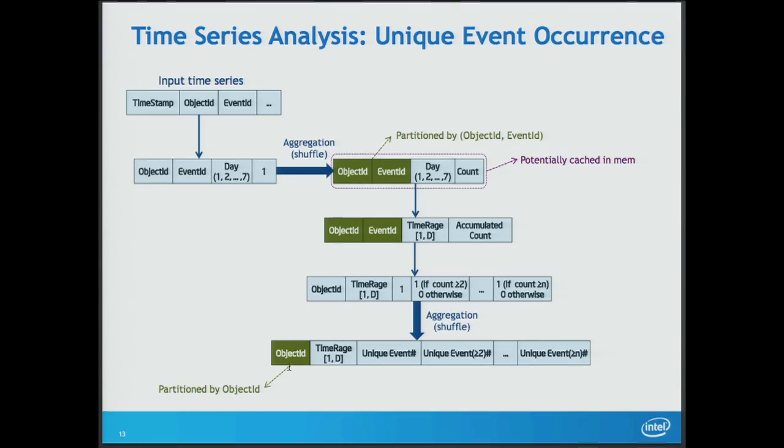So the result is essentially, for each object in that specific time range, how many unique events happen at least once, happen at least twice, and so on. The whole flow runs in a couple of minutes, and we did some analysis showing we can easily scale that to maybe tens of seconds of latency.